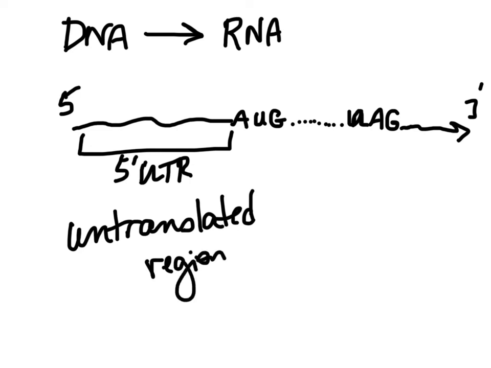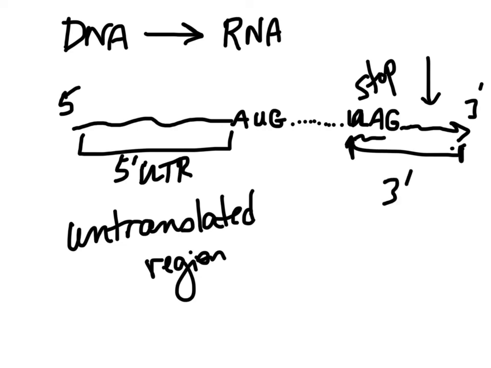So there are nucleotides ahead of the first AUG, and then there are nucleotides downstream from the last nucleotide that encodes the stop. And this sequence here, even the UAG is part of this, is called the 3' UTR.